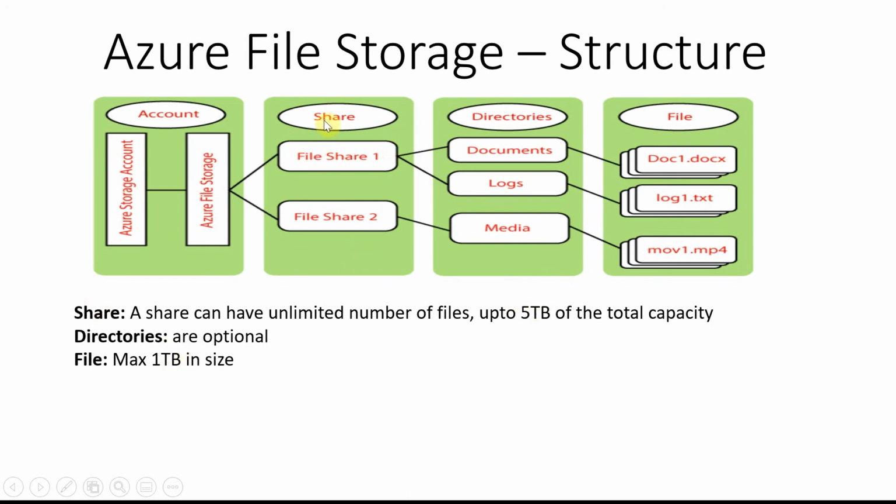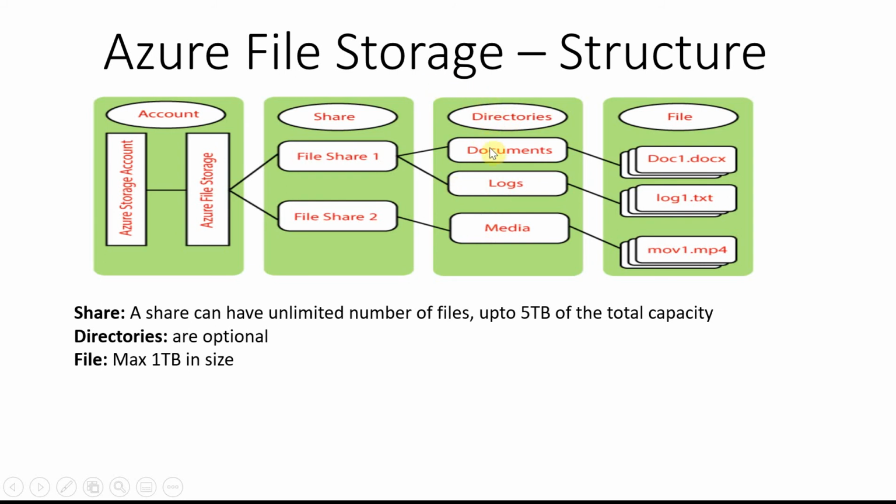Other than that, there'll be an account, and we create a file share, and in that, like how you use a laptop in general, you create a directory and then you create a file. Those are all common. Directories here are optional. You can directly put a file in a share. The directory is just for your convenience, to organize.